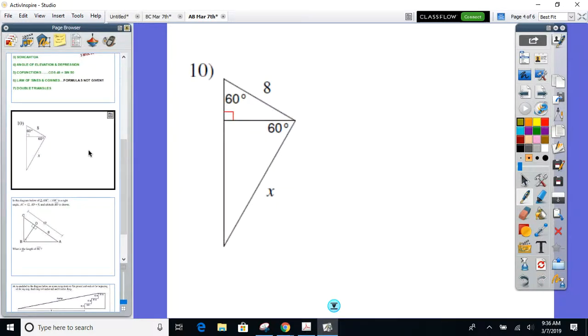Okay, you can copy down this triangle right here, and we'll talk about how to find x.